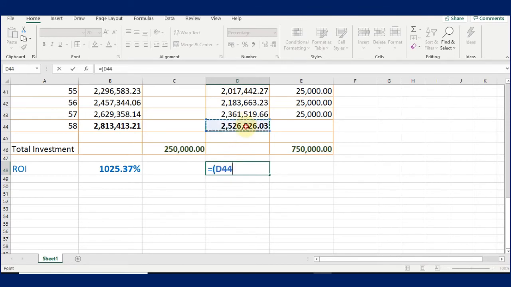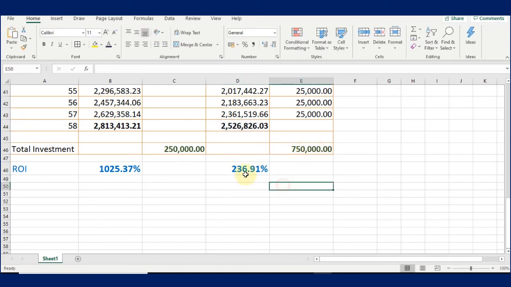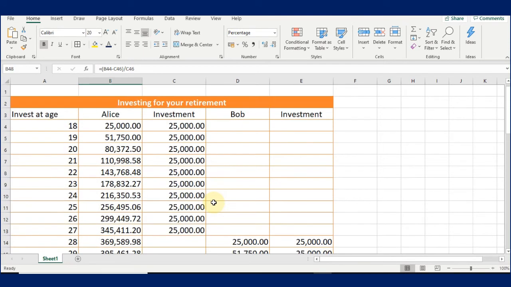So that's this minus total investment over the investment. So he only realized 236.91%. All right, whereas this one is really 1,025.37. So the early bird, anong sabi nila, daig ng maagap ang masipag.